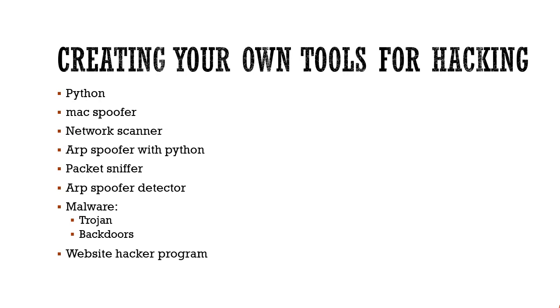Also, we will start creating a program for website hacking, and also the vulnerability scanner. You will create a program to scan any kind of website you want. Your program will find if the website has any kind of vulnerability.